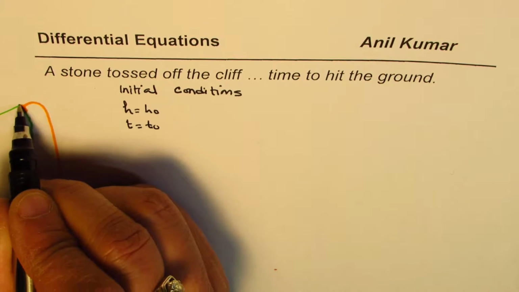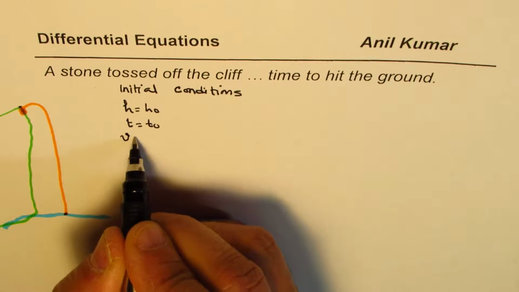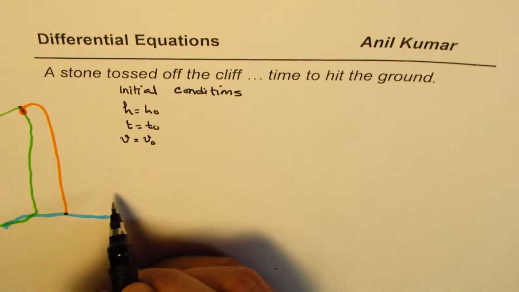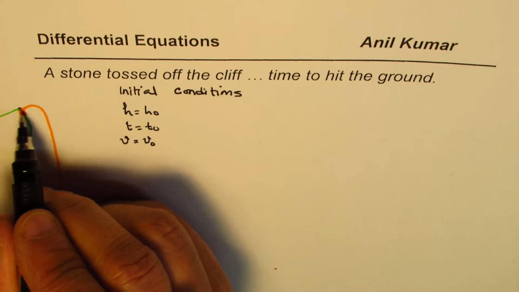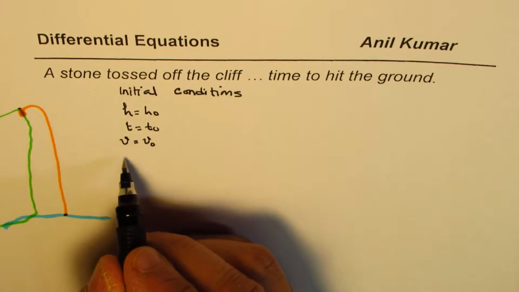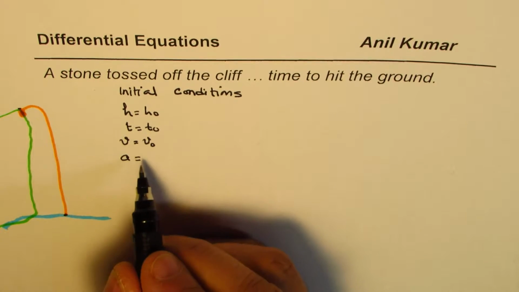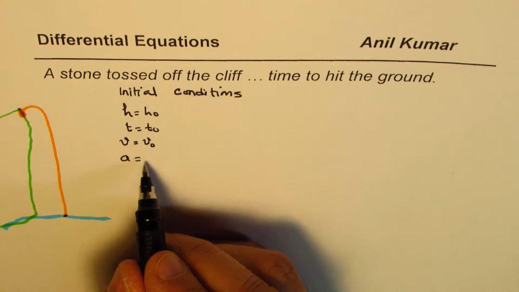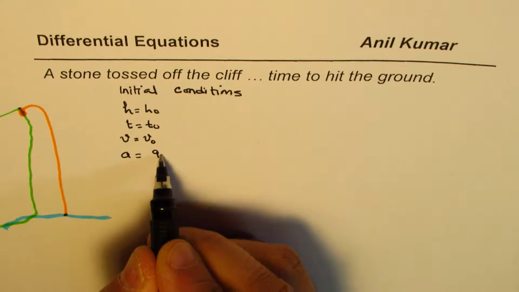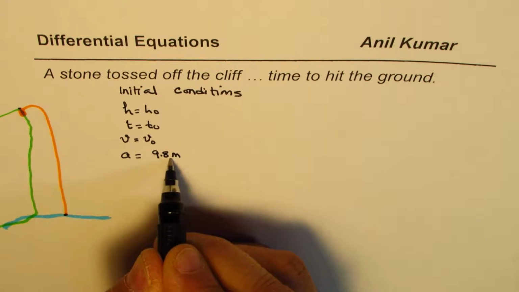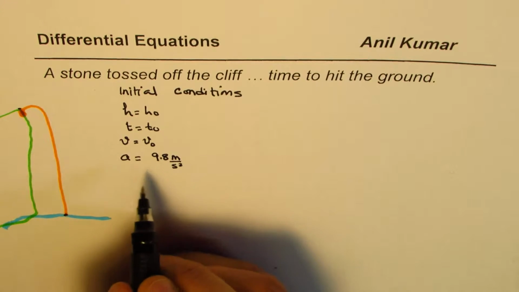These are initial conditions at this instance of time. Velocity be v0, right? Now here what you will always observe is that acceleration is always constant. Acceleration is, if you're doing in meters per second, it is 9.8 meters per second square. That is in MKS unit.